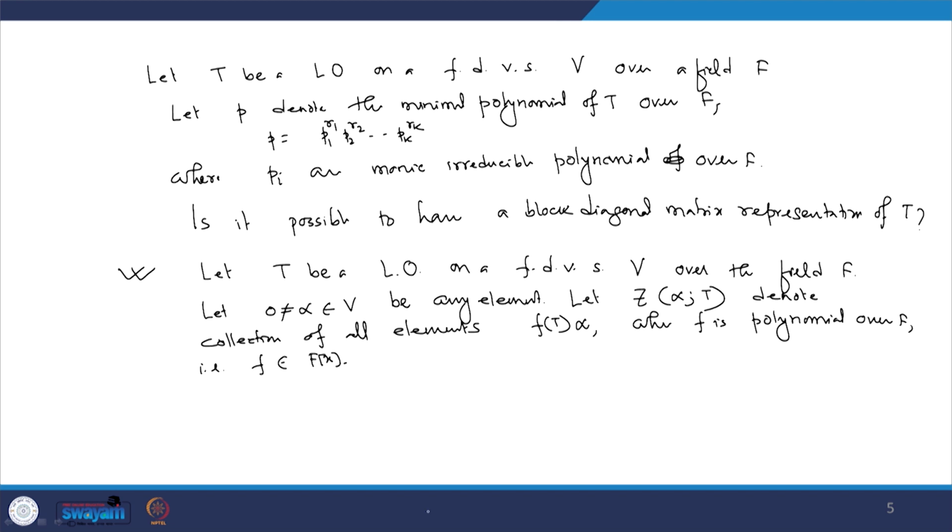So, this means that T alpha will be there, T square alpha will be there, because I can consider the polynomial as x, or the polynomial as x square. So, this implies alpha, T alpha, T square alpha all will be in Z(alpha, T).